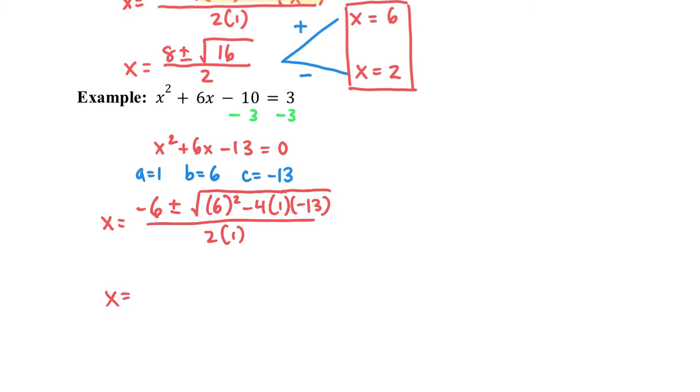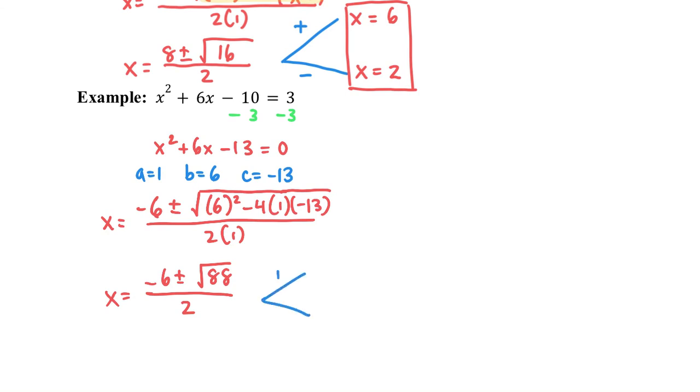Okay, simplify what's underneath the square root sign. 6 squared, use the parentheses, minus 4 times 1 times negative 13, I get 88. That's what's underneath the radical, all over 2 times 1, which is 2.